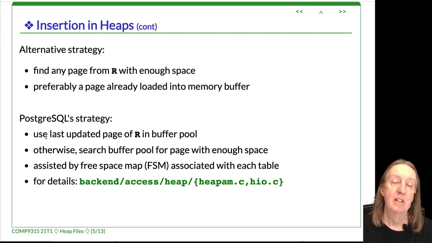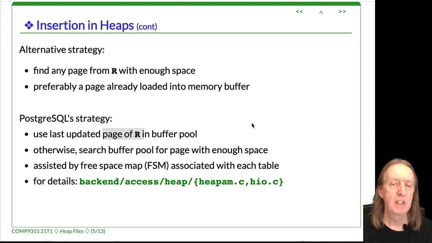If we're lucky, we can find one that has enough space. Otherwise, if that page doesn't have enough space, then we've got to search through the buffer pool, looking for more pages from R until we find one that does have enough space, and then we insert the tuple.